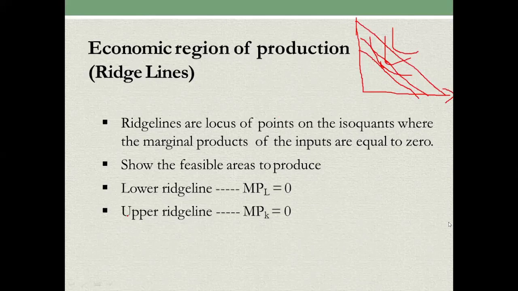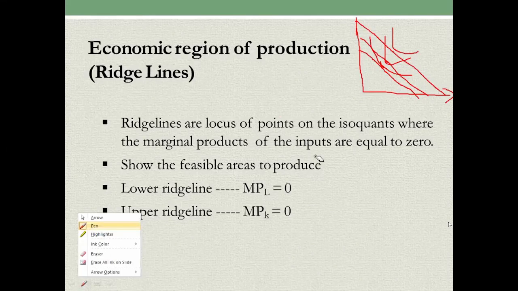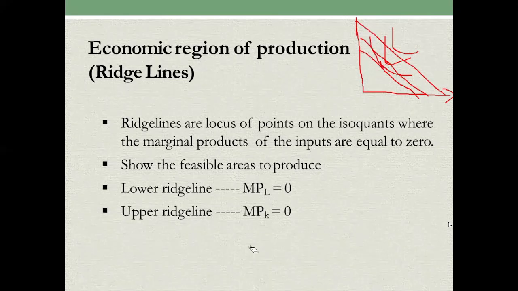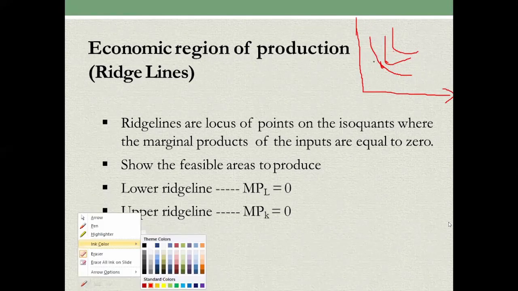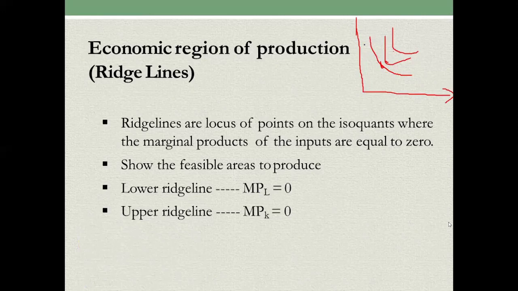We'll extract the isoquant from this. We identify different types of economic or production regions. It may be in here.